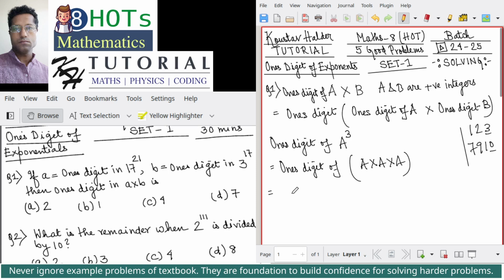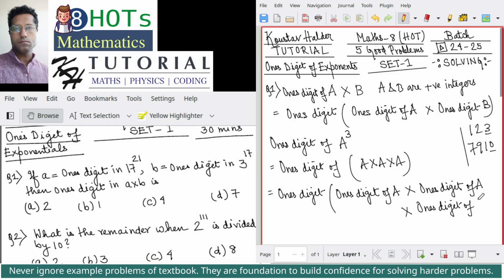Now this will be the ones digit of the product of the ones digit of a 3 times, that is, the ones digit of a multiplied by the ones digit of a again, and multiplied by the ones digit of a.